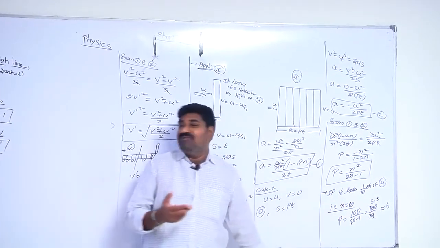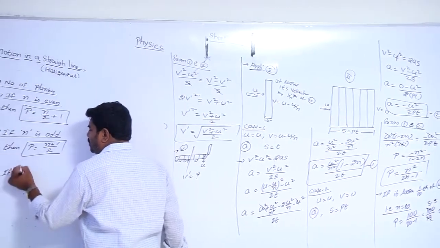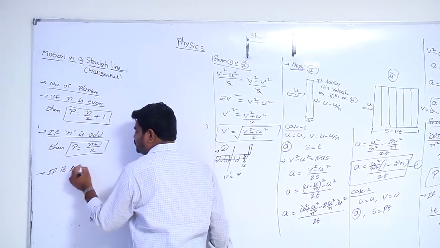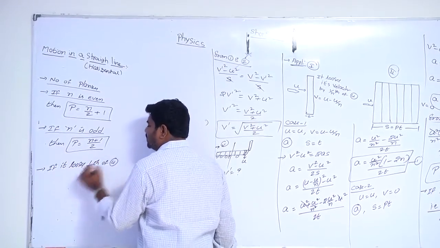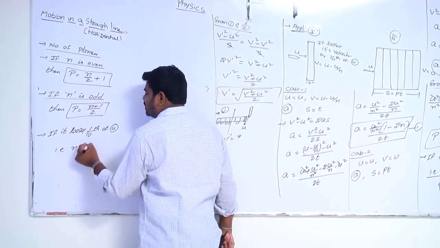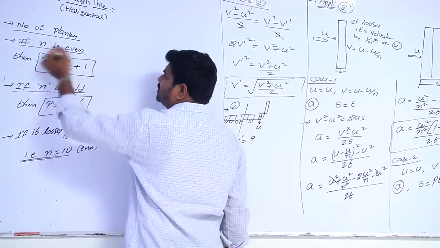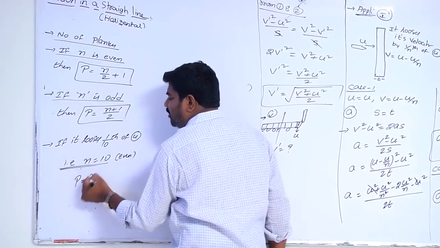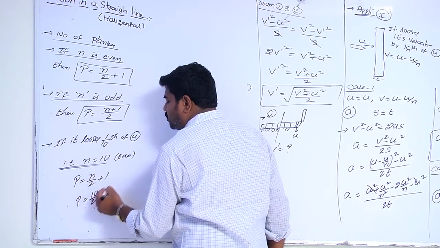10 is even. So in the previous problem, if it loses 1/10th of the initial velocity, n is equal to 10, which is even. If it is even, what is the formula? p is equal to n/2 plus 1, so p is equal to 10/2 plus 1.